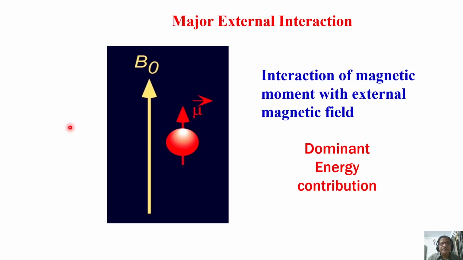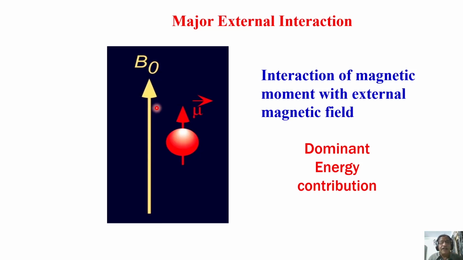First, we'll understand the external interaction. The major interaction is the interaction of the magnetic moment, the spin of the nucleus, with the strong B naught magnetic field we are going to put. Why do I say it is the dominant interaction and its strength is very large?